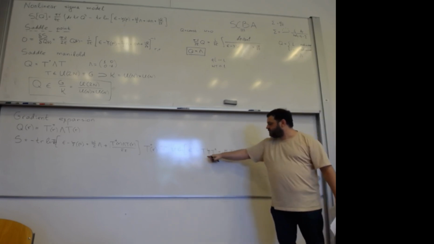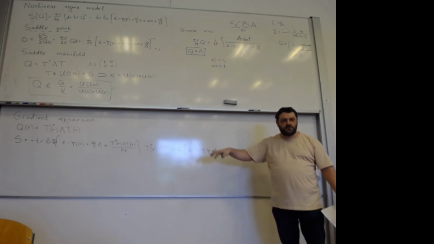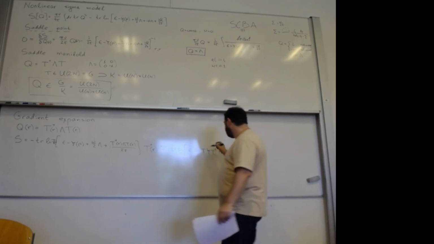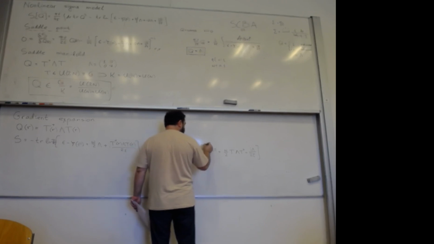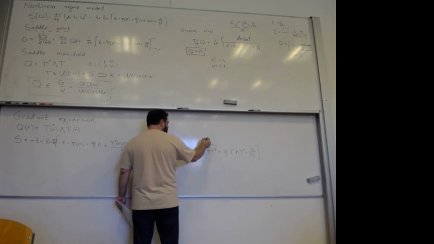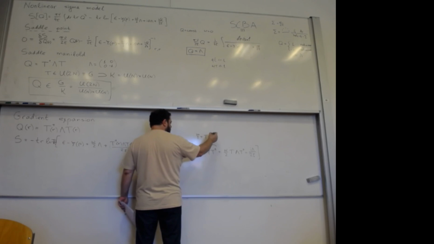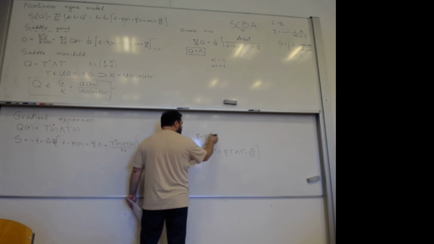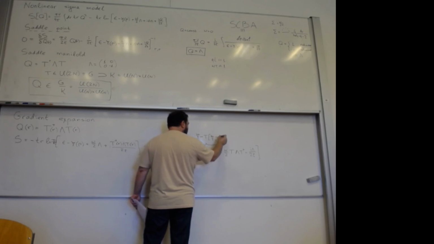And now this is the most interesting one because psi depends on P and T depends on R, and we have a product of them. So for this term only, I will write without this minus sign. I will write that it is psi T minus T psi T dagger, the commutator.